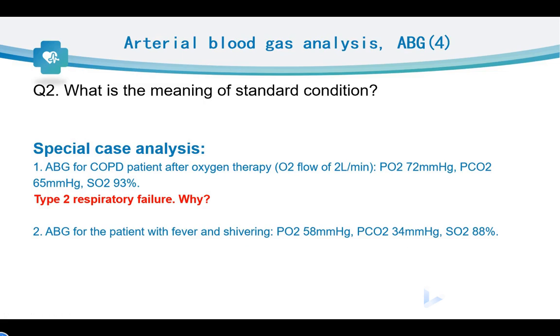According to this report of ABG, what can we conclude? I also give you 4 answers. A. Type 1 respiratory failure. B. Type 2. C. No respiratory failure. And D. Cannot confirm. What's your answer?